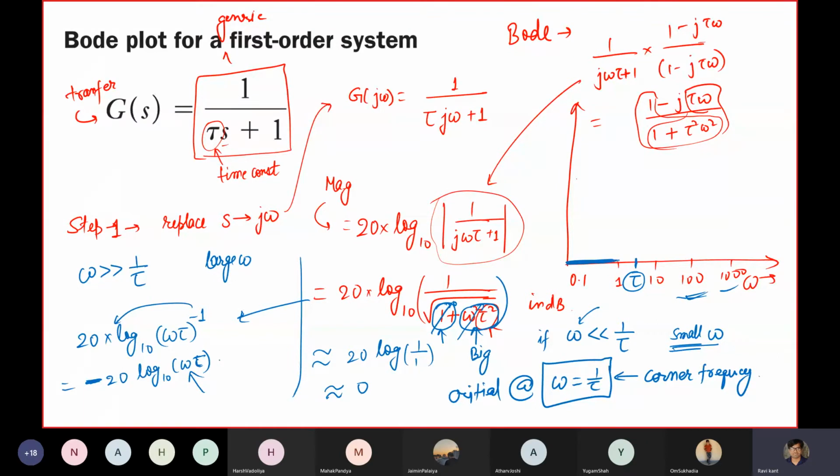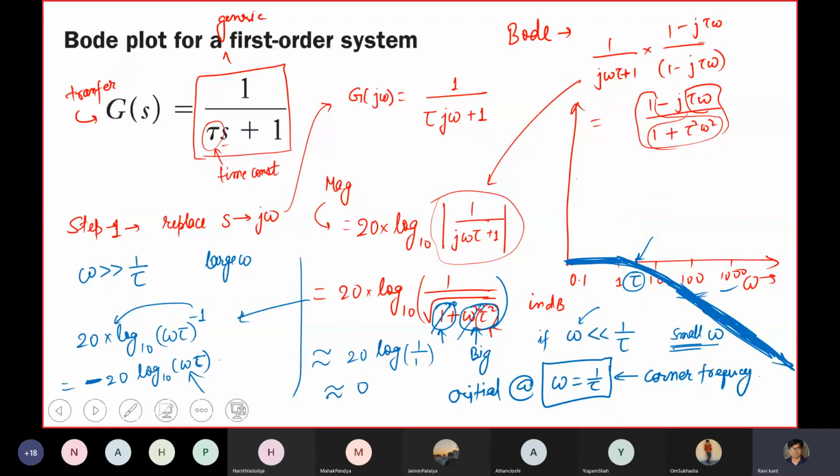It will have some sort of decreasing trend, and before that it will have a constant trend, and in between the actual plot would have some sort of corner, but if you draw the Bode plot in the asymptotic sense, it will have a smooth plot, so it will go something like this.